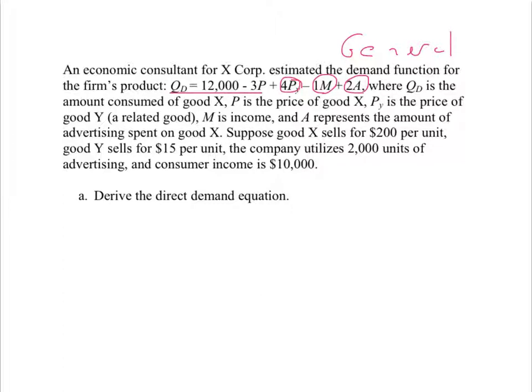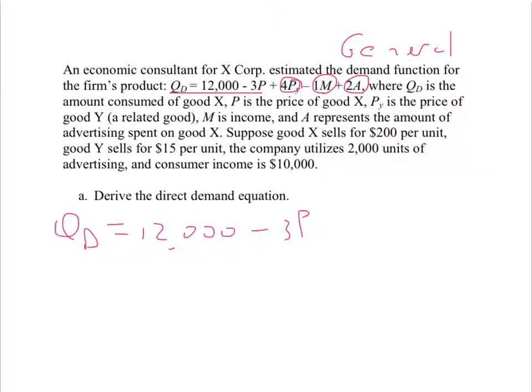Well, to do that, we simply take the general demand and we want to plug in, you've heard that term in math classes, we want to plug in the shift parameter values.